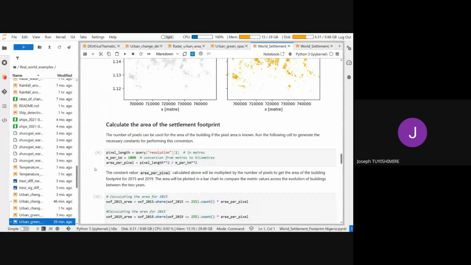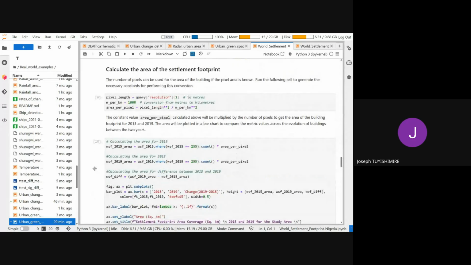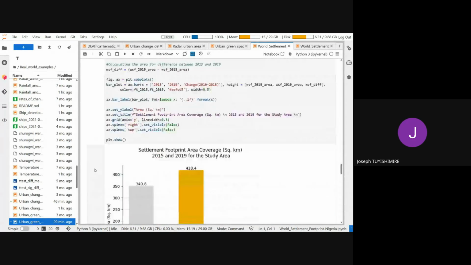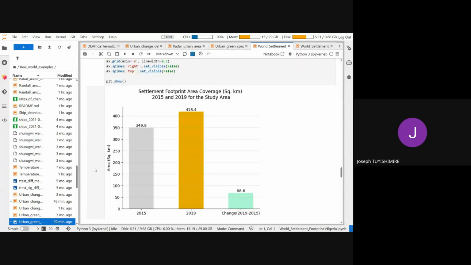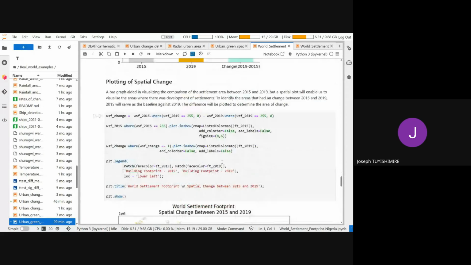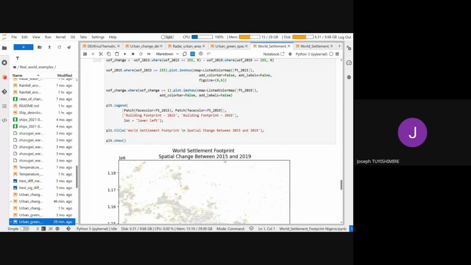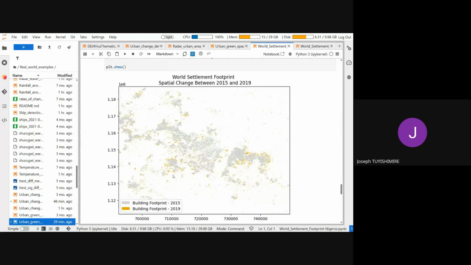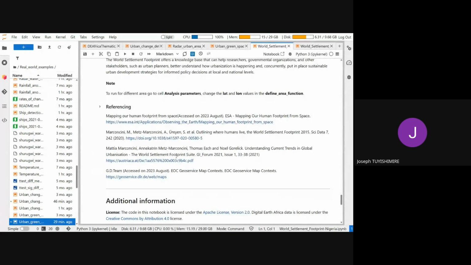And then you can calculate the area using a proper formula. And as you can see, Abuja expanded approximately 68.6 square kilometers in just a period of 4 years. And you can plot the spatial extent and see some new buildings that appeared during that period.